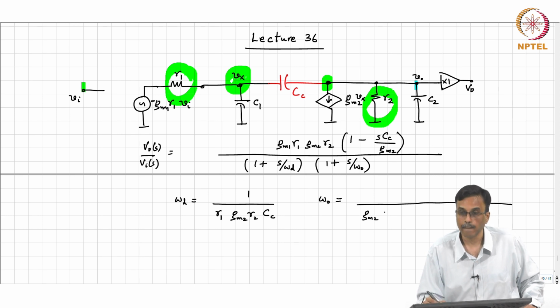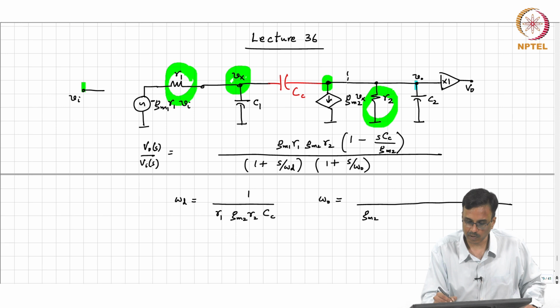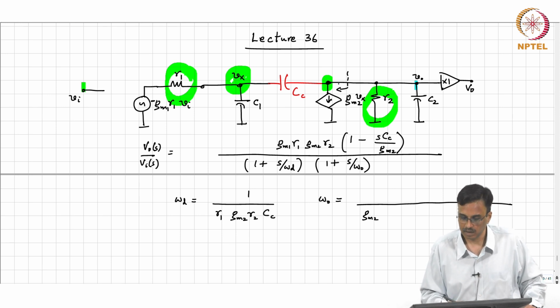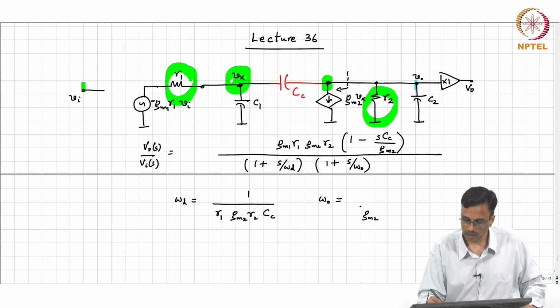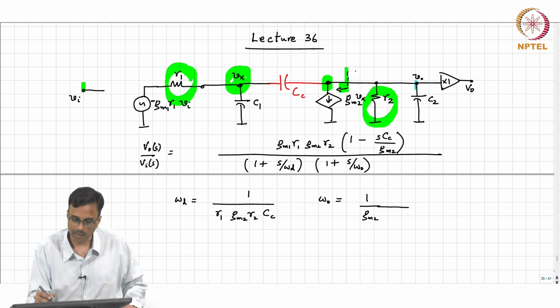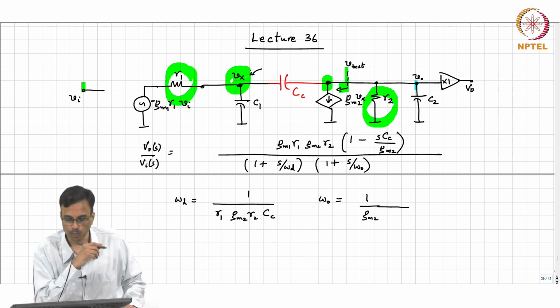What is the effective resistance looking in there? 1 over Gm2 times... If I apply a test voltage here, what comment can you make about the voltage there, assuming R1 is open?